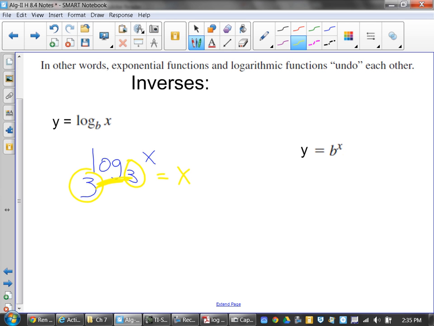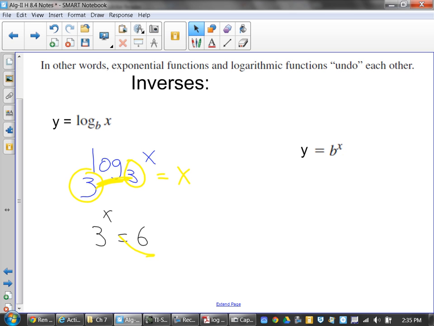If you think back to when we've done this, we did this when we had 3 to the x power was 6. We had to take the log base of both sides. It's the same process. Here, we're exponentiating. Yes, sir? Is it like a ratio thing if it was like base 3 log base 6 x?